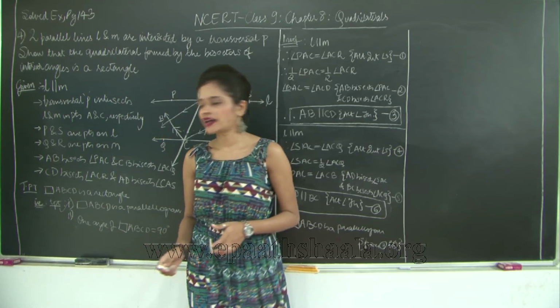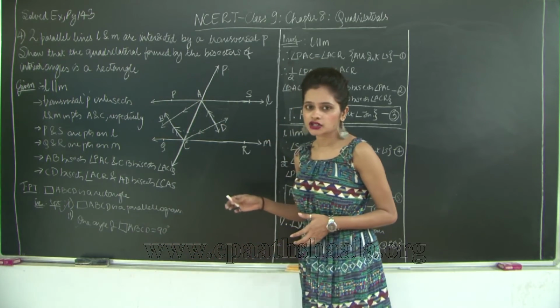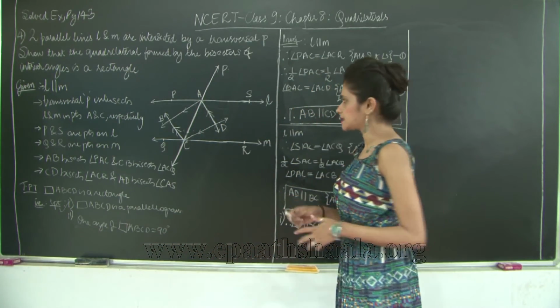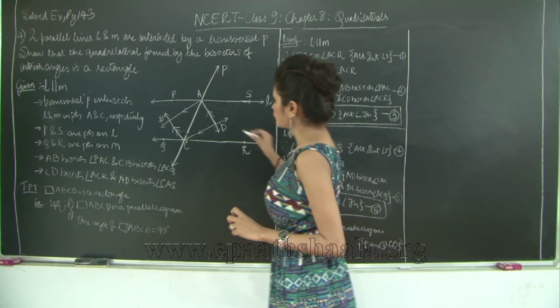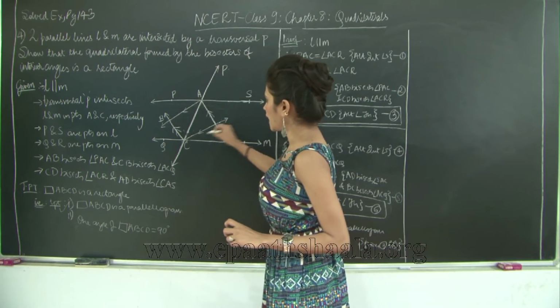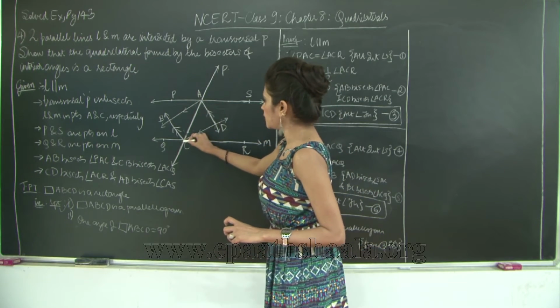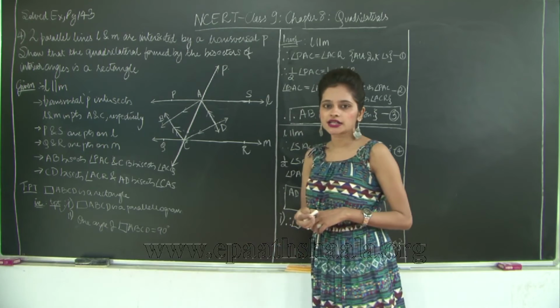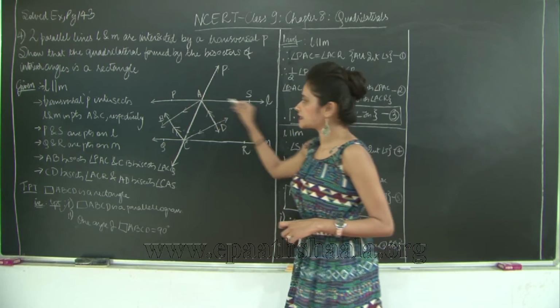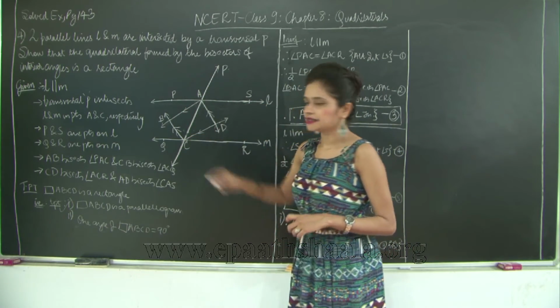Now we need to prove that any one angle in quadrilateral ABCD is 90 degrees. So if you notice, I have my parallelogram here, but angle PAC plus angle CAS is equal to 180 degrees. Why? Because PS is my line and AC stands on it.